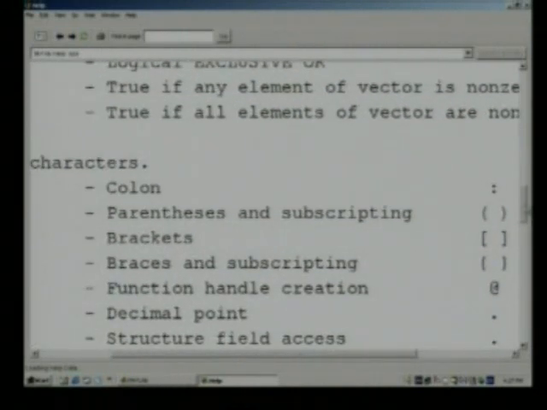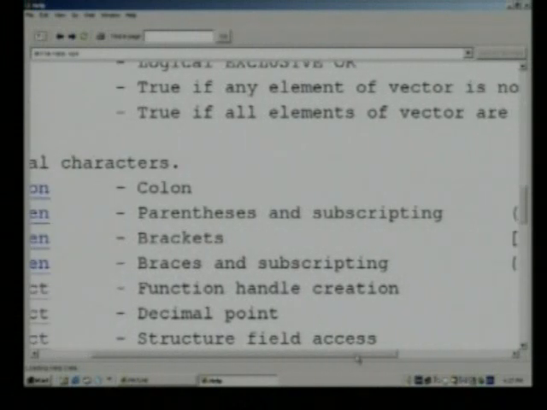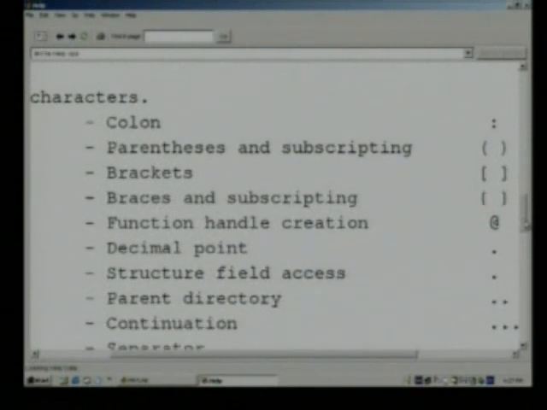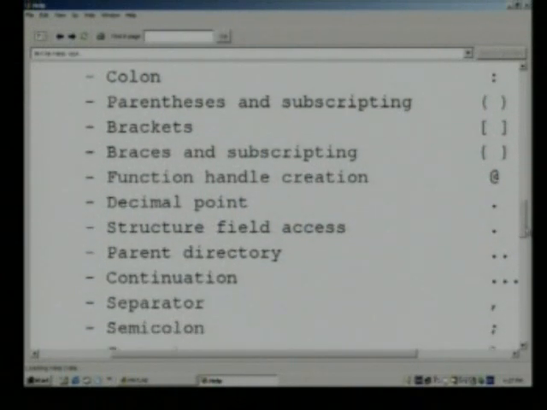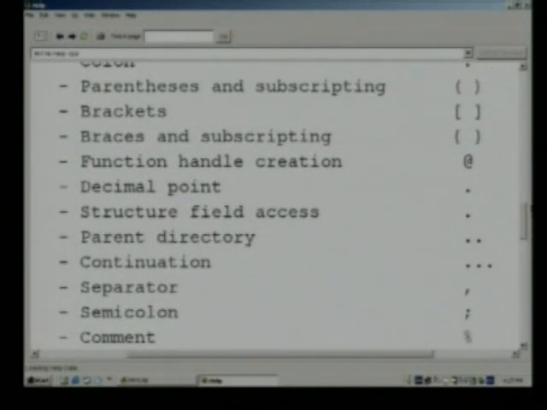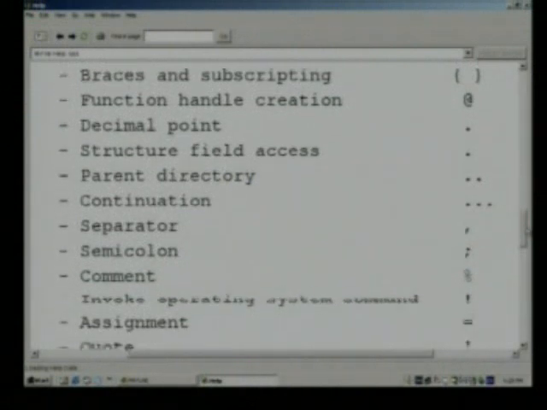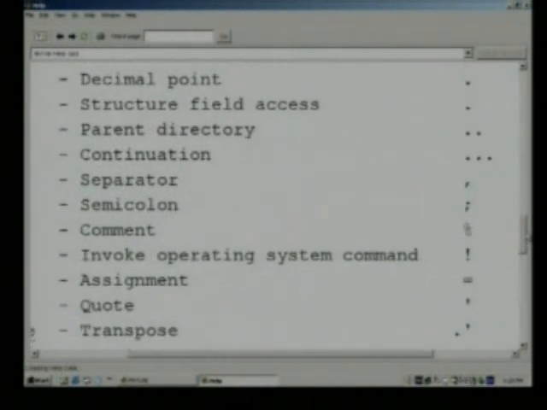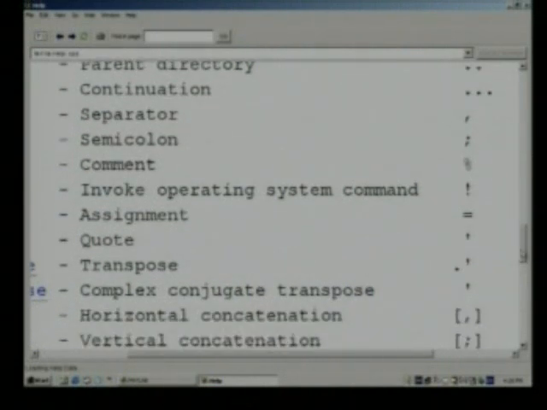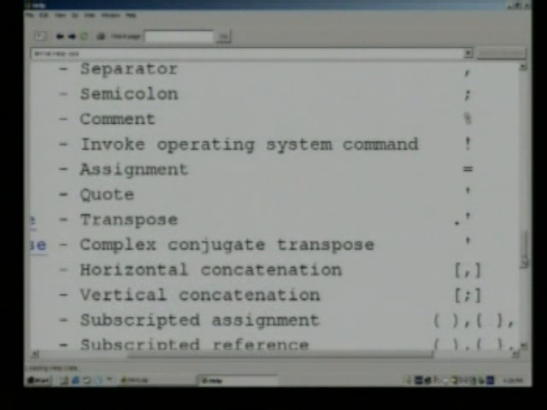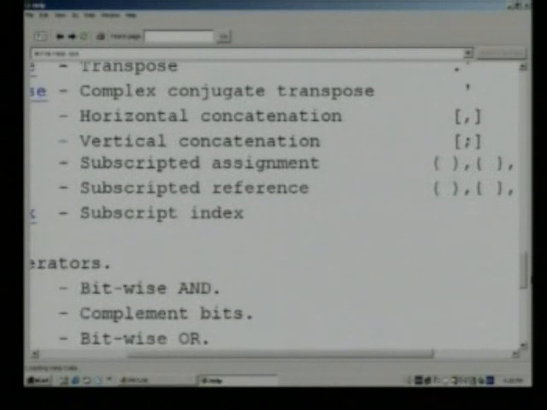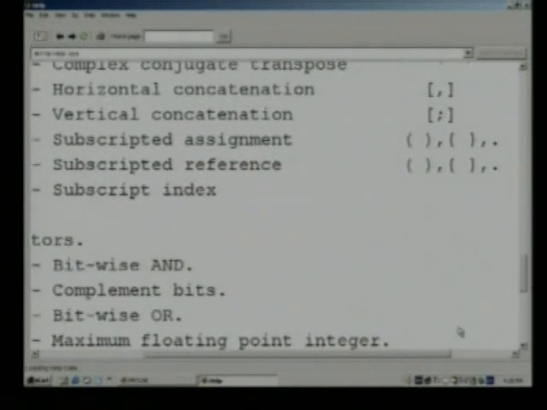Then the punctuation characters like colon, parentheses for subscripting, square brackets, curly brackets or braces, function handling, decimal point, structure field access, parent directory, continuation, separator, semicolon, comment, operating system invocation, exclamation, assignment, quote, transpose, complex conjugate transpose, horizontal concatenation, vertical concatenation, subscripted assignment, subscripted index, and so on.